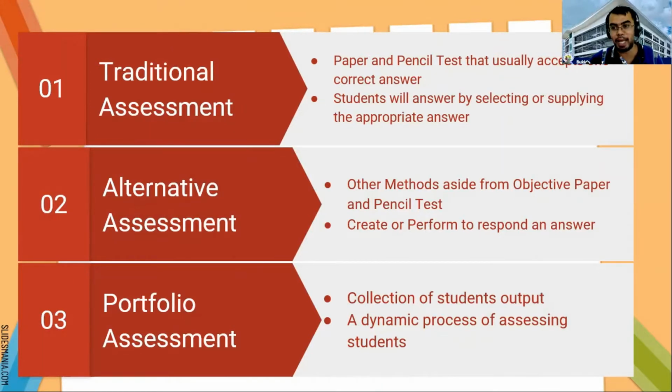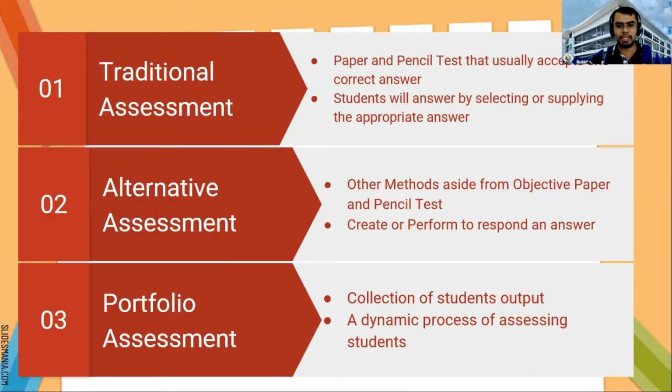It's like fill in the blanks. By the way, let me give you a heads up that when we say traditional, it doesn't mean old way or old school, because sometimes in layman's terms, we use traditional to express the old fashioned way. But here in assessment, again, it refers to paper and pen test that accepts one correct answer.